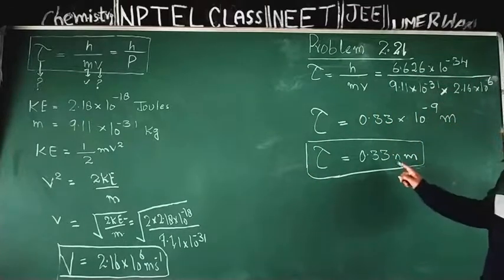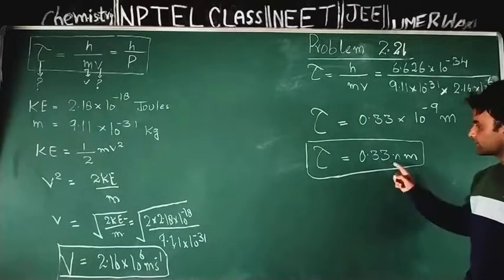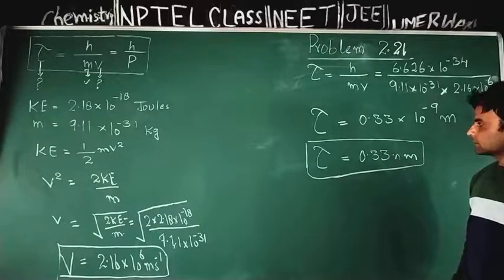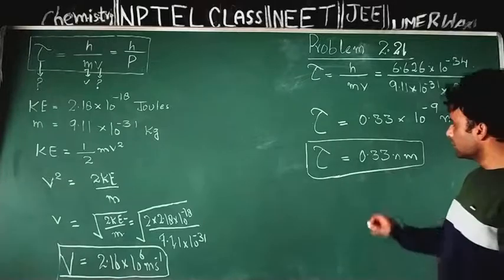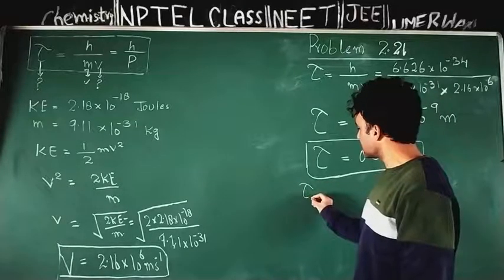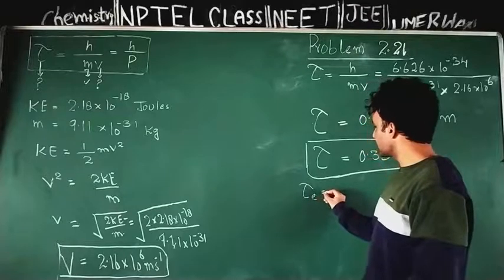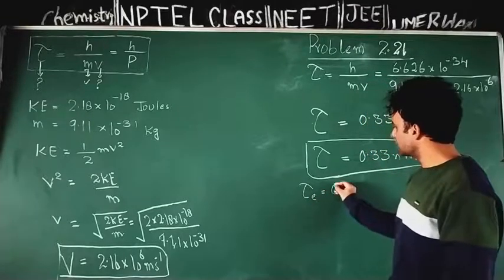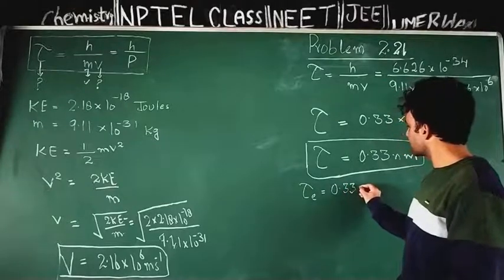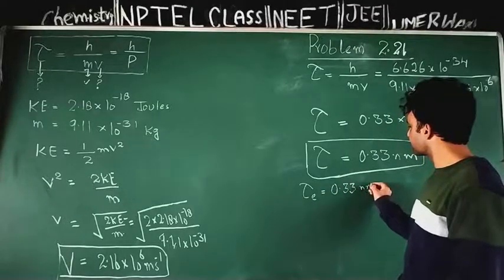Now, what is its significance? What information does this wavelength give us about electron? See, wavelength of electron wave is equal to 0.33 nanometer.